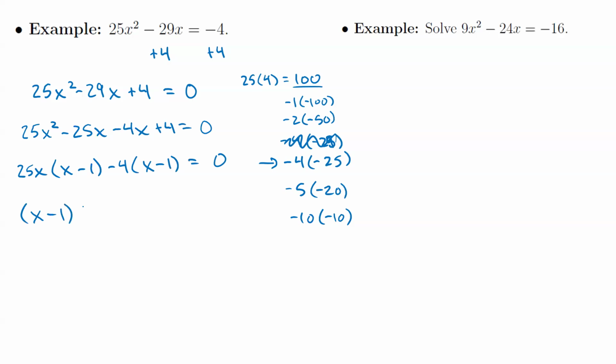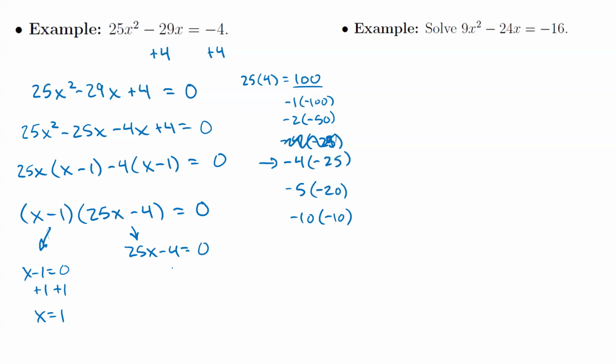So my factorization is this. And of course, we're setting x minus 1 equal to 0, which is easy to solve, and 25x minus 4 equal to 0.